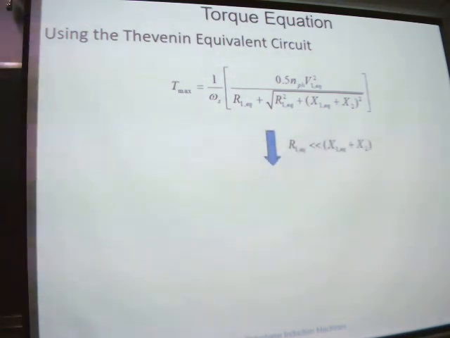Usually, the Thevenin resistance R1EQ is considered very small compared to the sum of the reactances, and so our Thevenin resistance can be omitted.